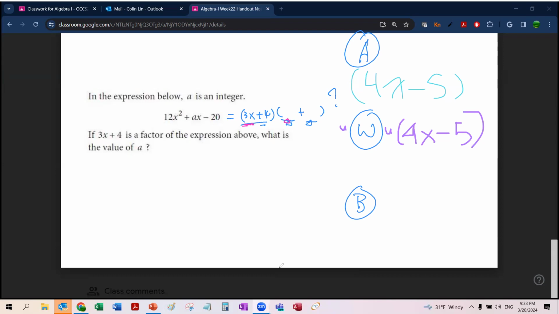Can you turn off and turn on your sound again?